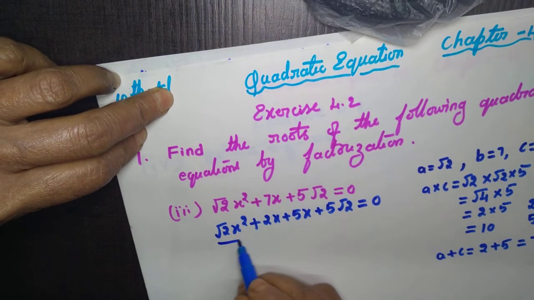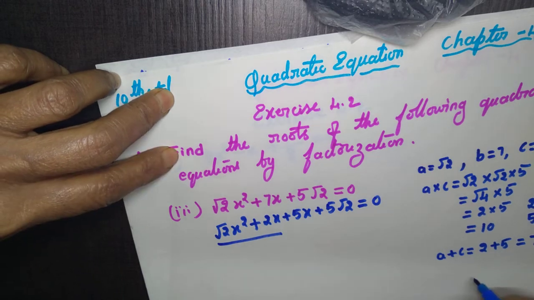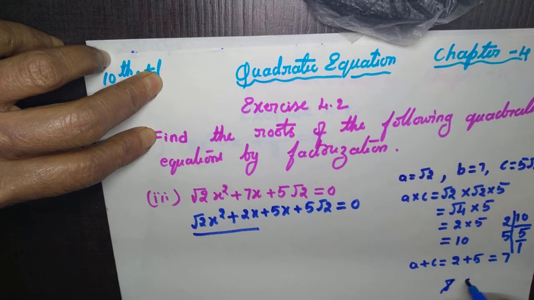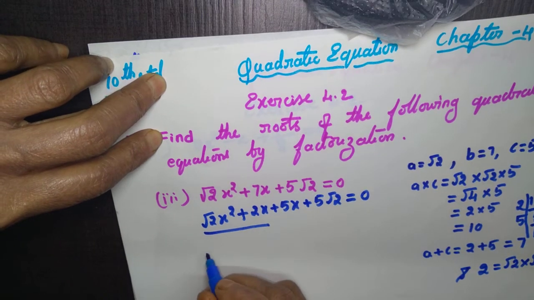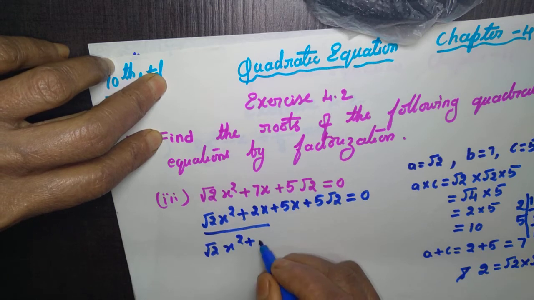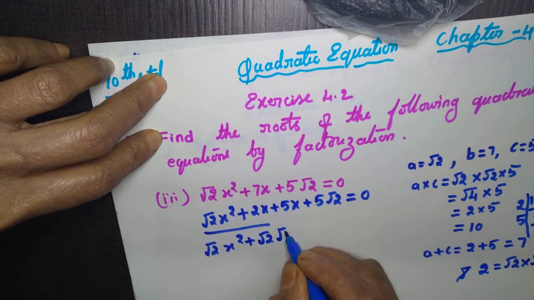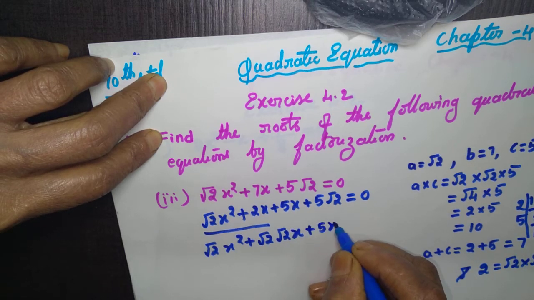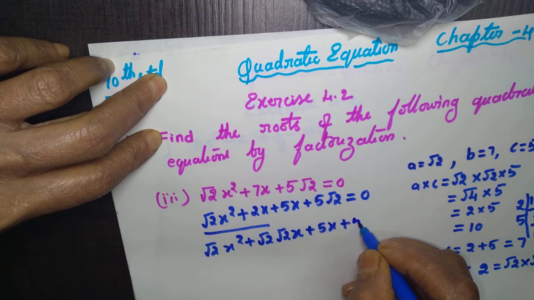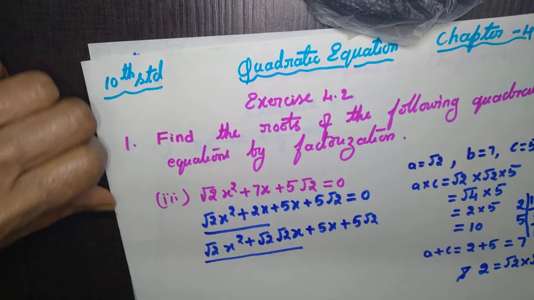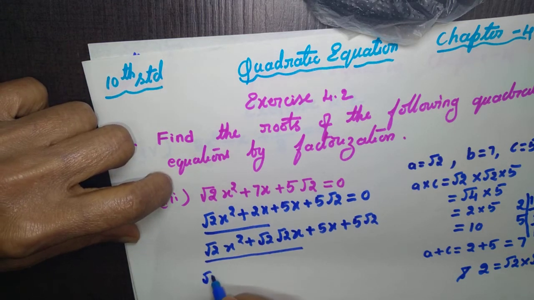Then what is common in these two? 2 can be written as root 2 into root 2. Therefore, root 2x square plus root 2 into root 2 into x plus 5x plus 5 root 2. Here, in the first two, what is common? Root 2 and x are common. Take out root 2 x.